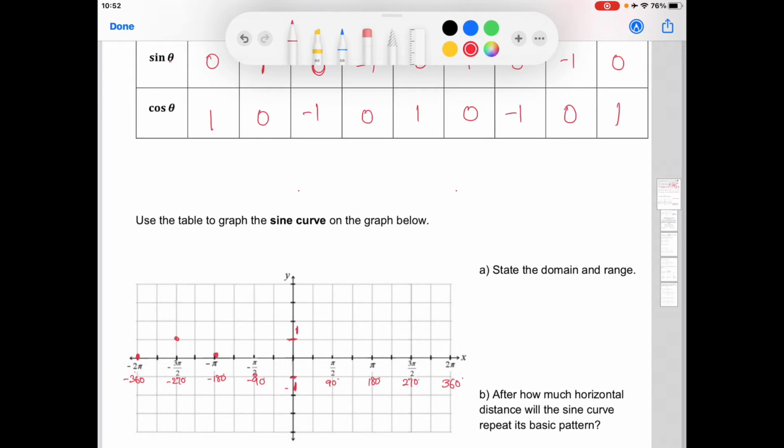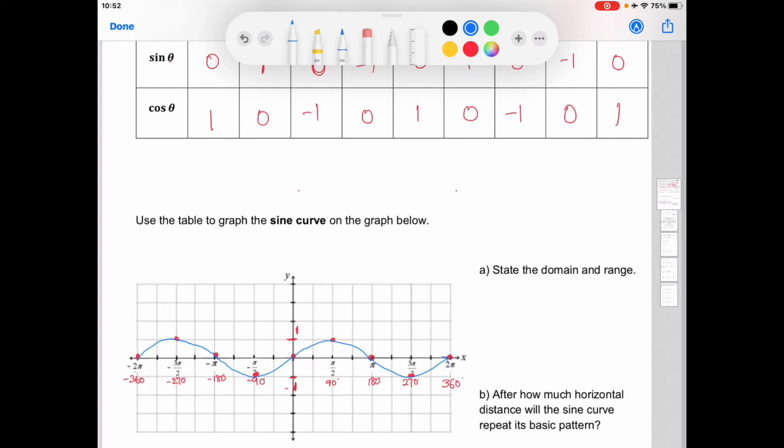So this is 1, and then it's 0, -1, 0, 1, 0, -1, 0. I'm going to take a different color and sketch it. And if I use my freehand, please don't make it like V's. These are curves. This is a very pretty curve. That's what it looks like, right?